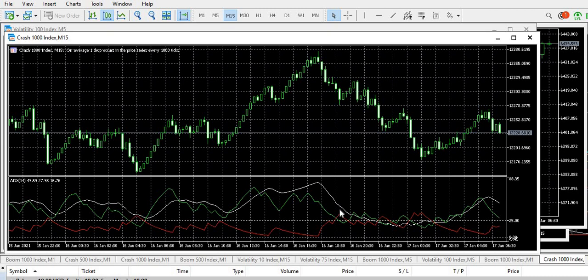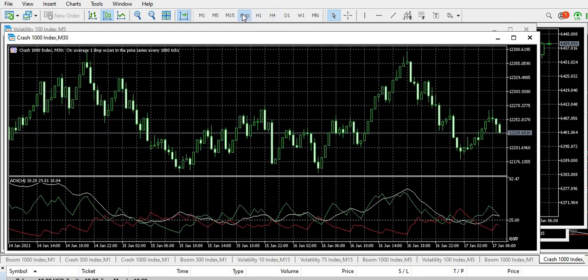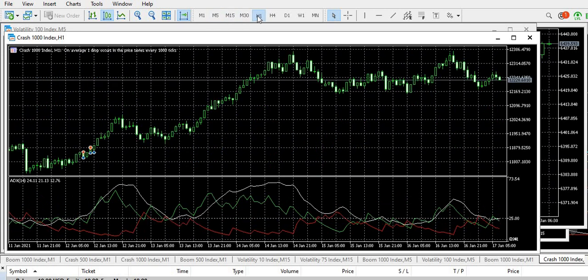So when you want to trade boom and crash like any other normal currency pair or indices, you have to go to M30 and H1. Please note that again. You have to go to M30 and H1. Now here we are on H1, and our chart is normal bar charts.